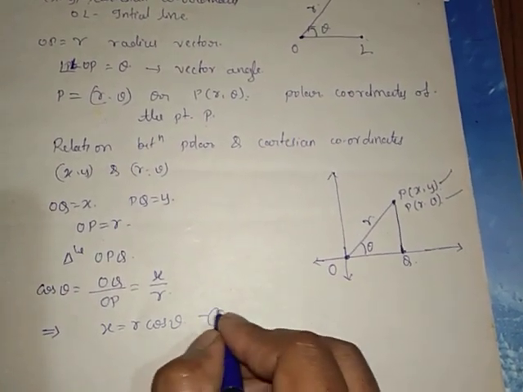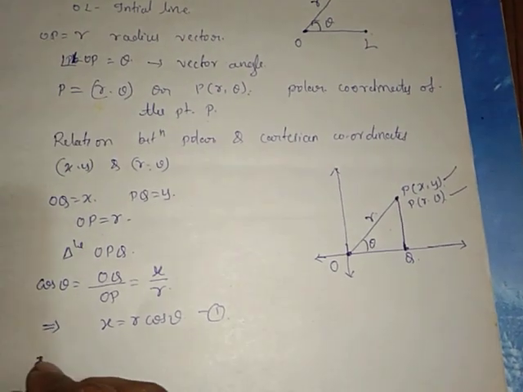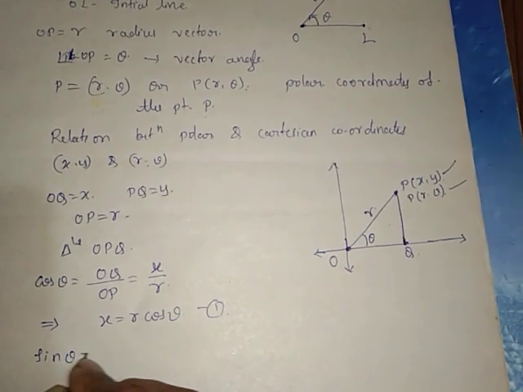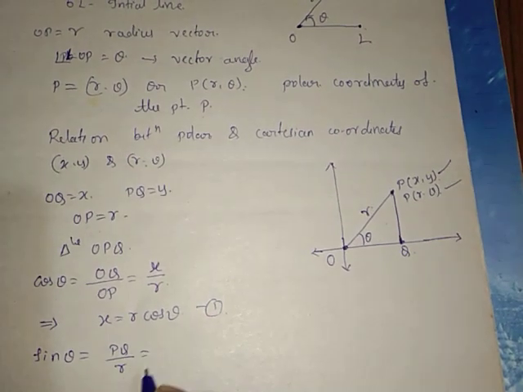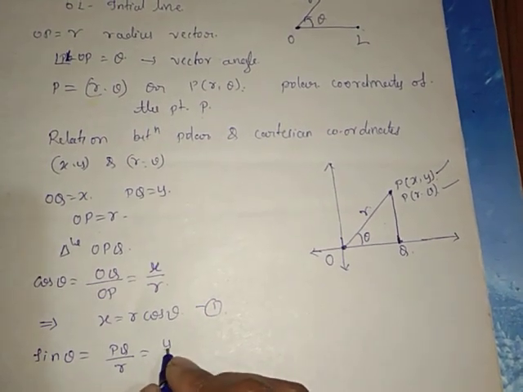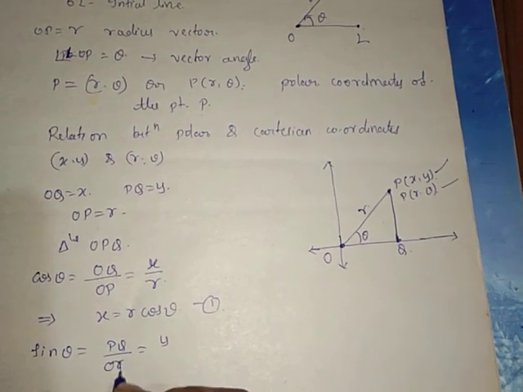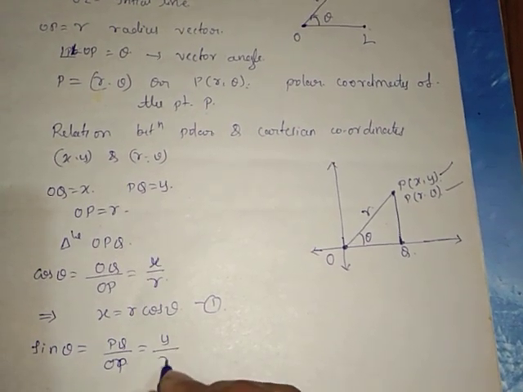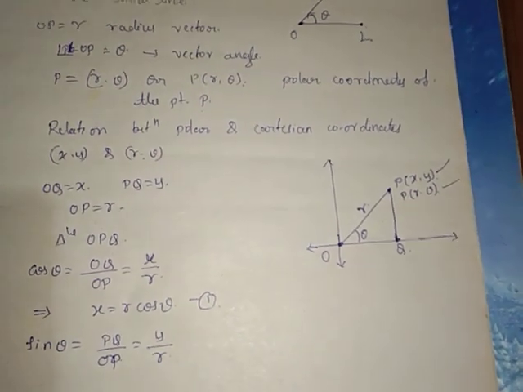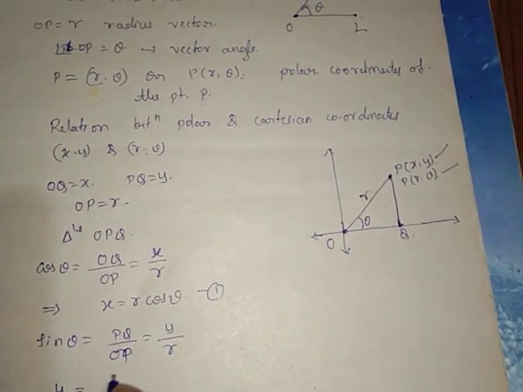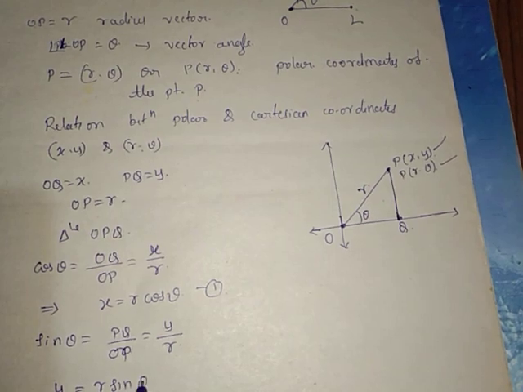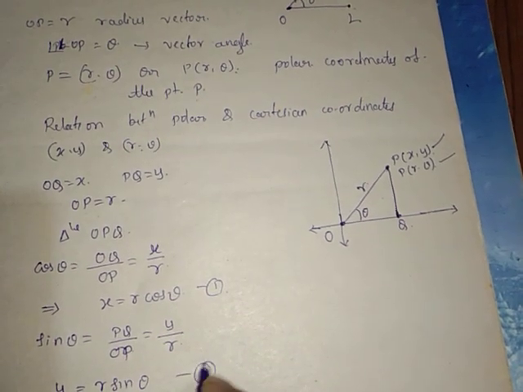Call this equation 1. Similarly, sin theta equal to PQ divided by OP, that is y divided by r. So y equal to r sin theta. Call this equation 2.